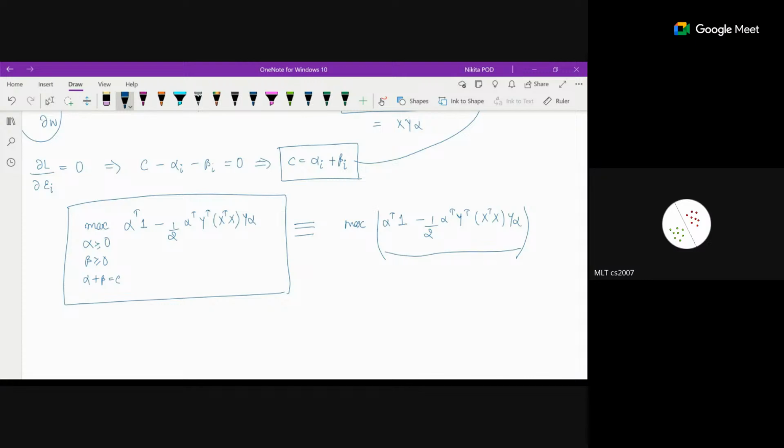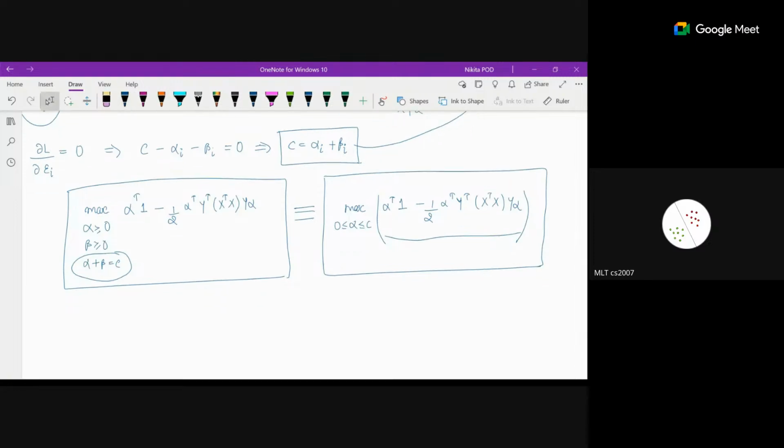It is still there, I mean, you know that alpha plus beta should add up to C, and my alpha should be greater than equal to zero. So what we can say is that my alpha should lie between 0 and C. Okay. So now this is my problem that we want to solve.